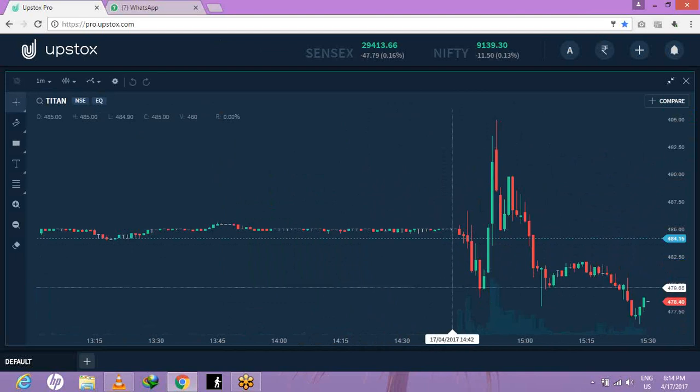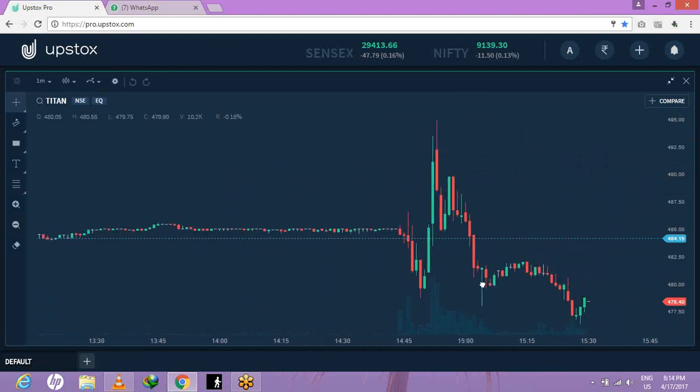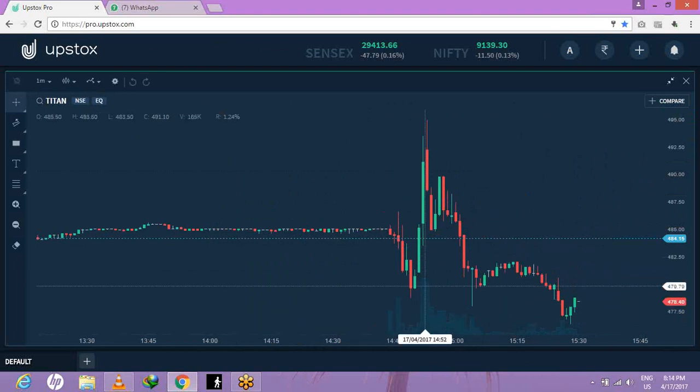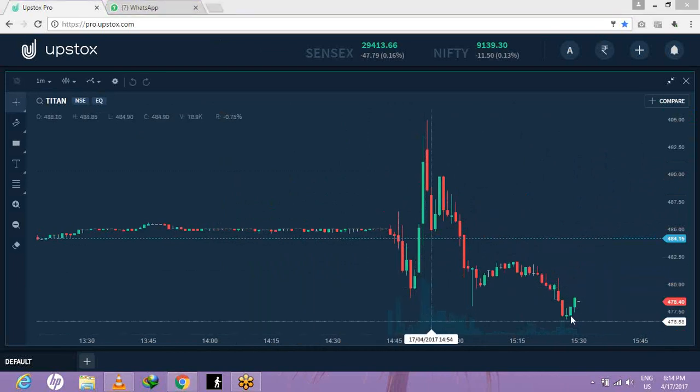Without news, it's not possible for any share to go to this level and again go down. There is some news or there is some volume analysis. You can check the volume here. See here. Average volume was here, and what happened here? See.